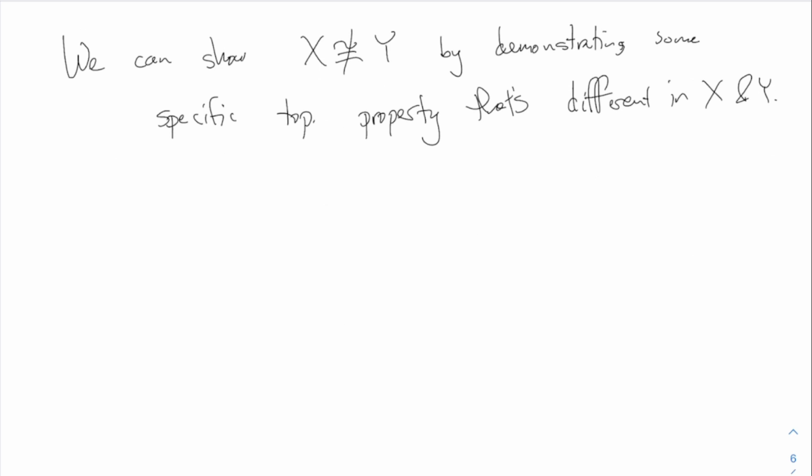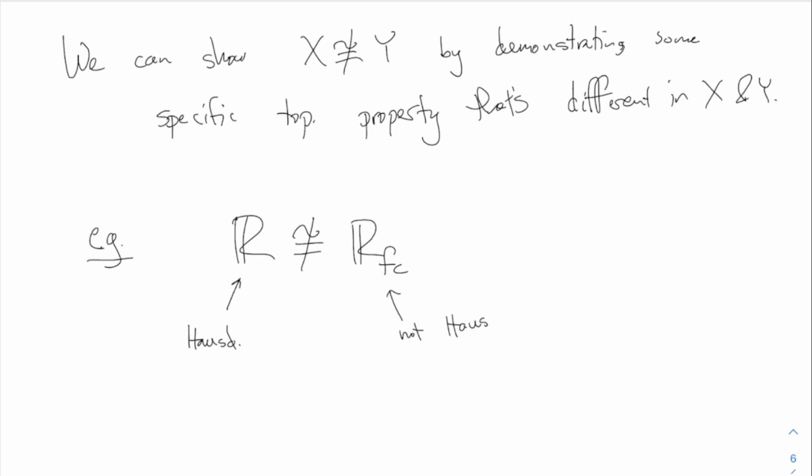So for example, R is not homeomorphic to R with the finite complement topology. That's because R is Hausdorff, but that other one isn't. That's an example we talked about in the past. This is Hausdorff, but this is not Hausdorff. And so they cannot be homeomorphic.